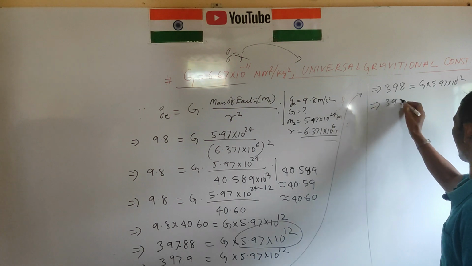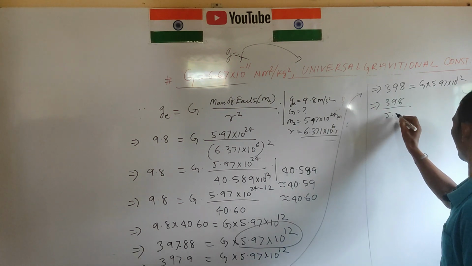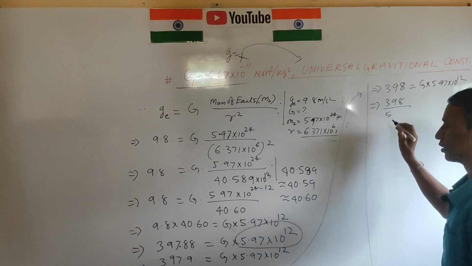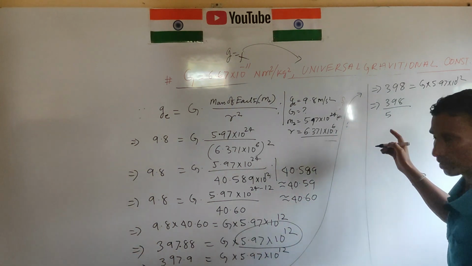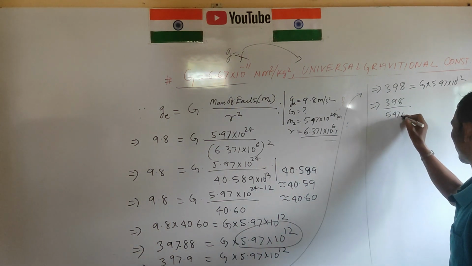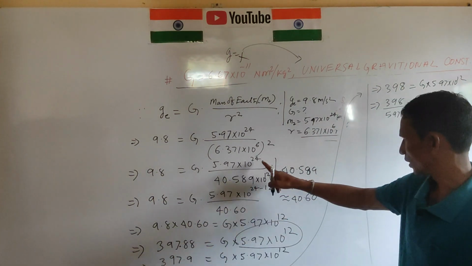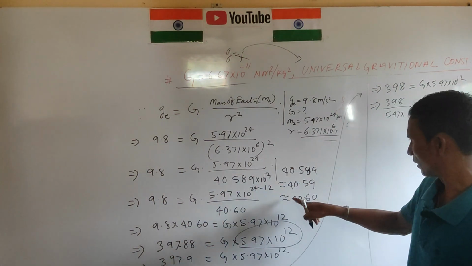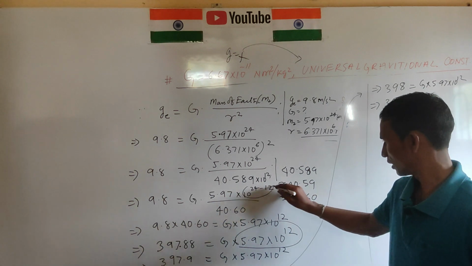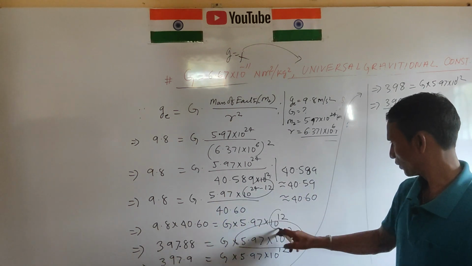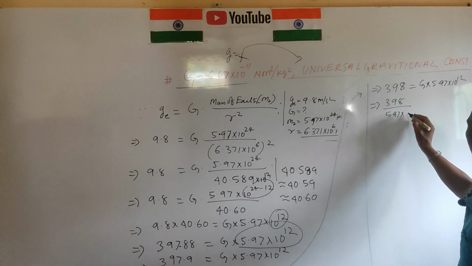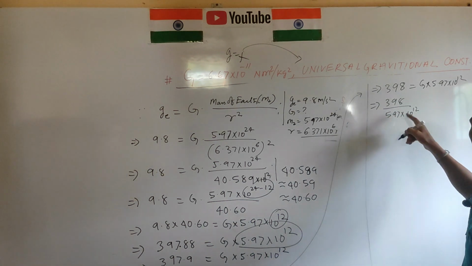So 398 upon 5.97, the mass of earth, and 10 to the power 12. After we simplify this one, we get the value, positive in 10 to the power 12.